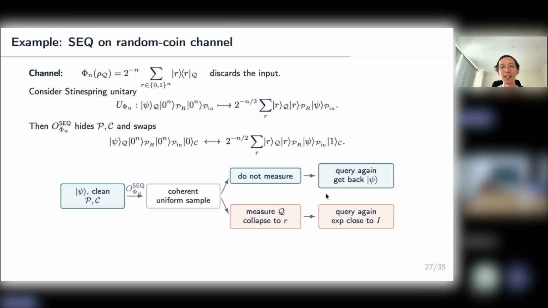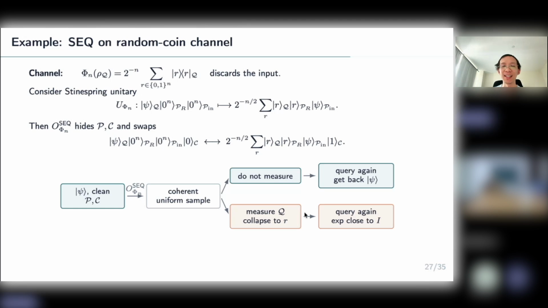Now, what happens if after one query we actually measure the output? Then this state is going to collapse from an EPR pair to just R R psi 1, and this state has an inverse exponentially small overlap with the subspace spanned by EPR tensor identity tensor 1.